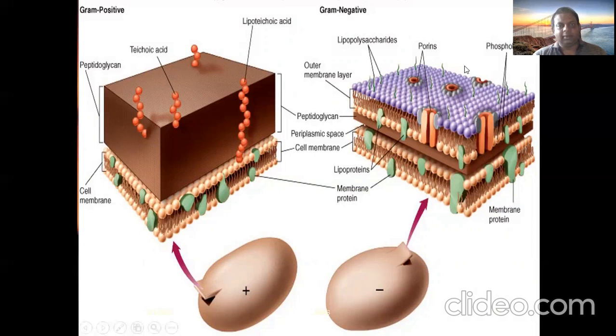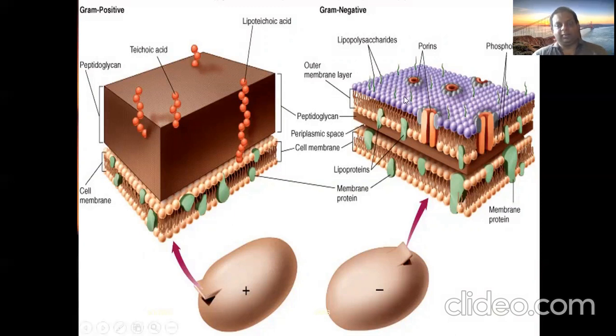Other than that, there are protrusions and influx-mediating channels, termed pores. Protrusions are simple, like lipopolysaccharides, those things. But pores are the ones which penetrate the cell wall. These are very important regarding antimicrobial penetration.